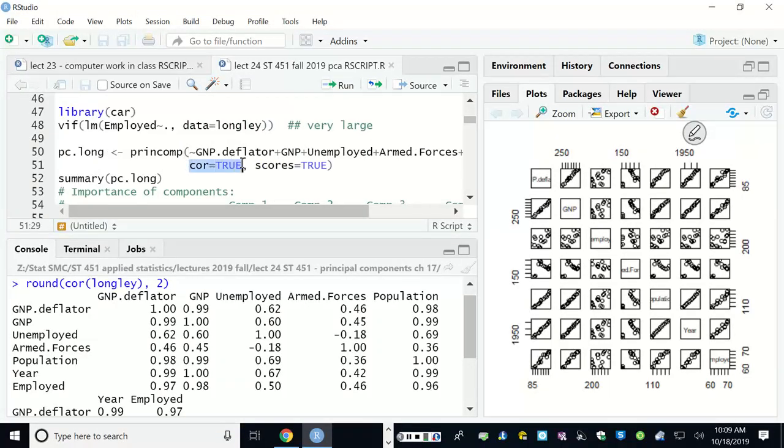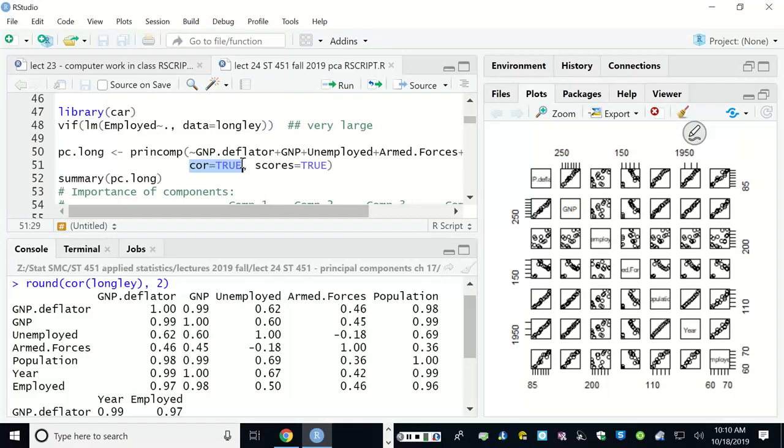You can do it on the original variables or standardized variables. You can do it in terms of the covariance or the correlation. If the X variables have very different scales and you don't do it on correlation, you could end up picking the variable that's just measured with a wider scale. So there's something desirable about doing it on the correlation scale, but you should really pay attention to whether it is meaningful.